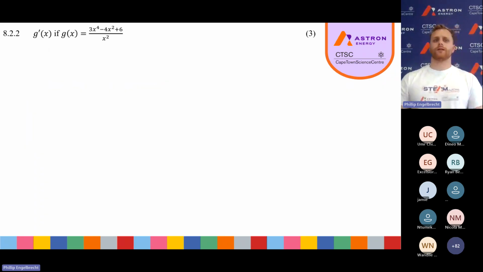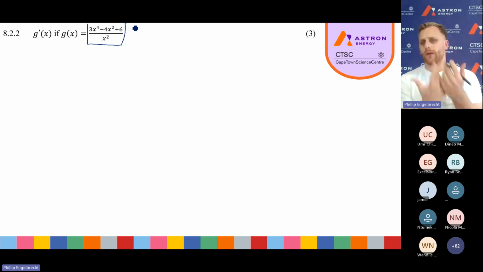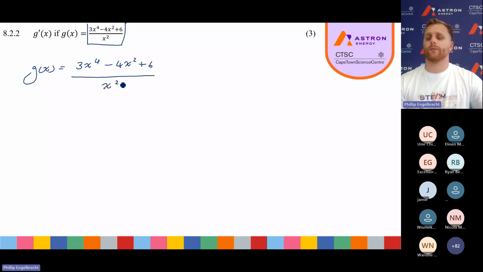Our next one. It says find g prime of x if g of x is equal to this fraction over here. Now, guys, there are ways that you can take the derivative of a fraction, but it's not taught in the syllabus. So we have to now go the long method. So I know that g of x is equal to 3x to the power of 4 minus 4x squared plus 6, all of that over x squared.